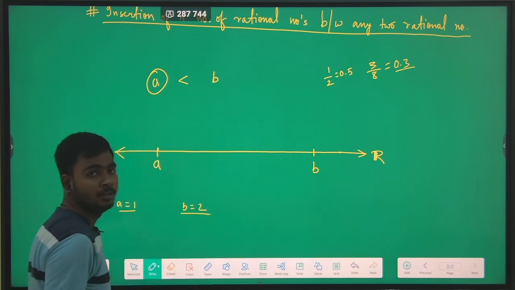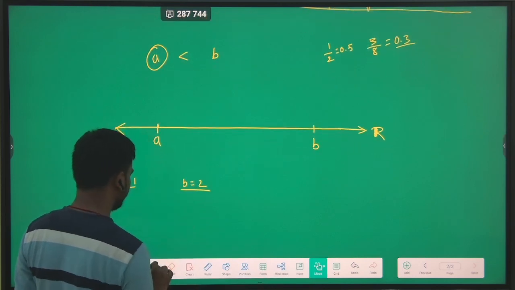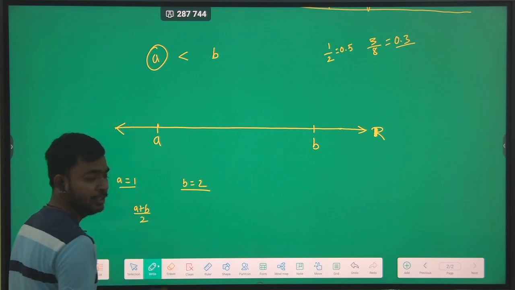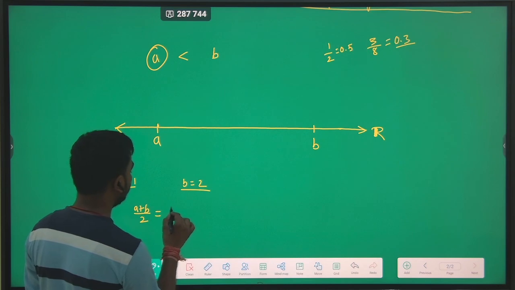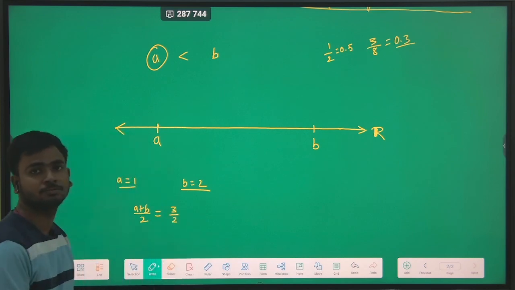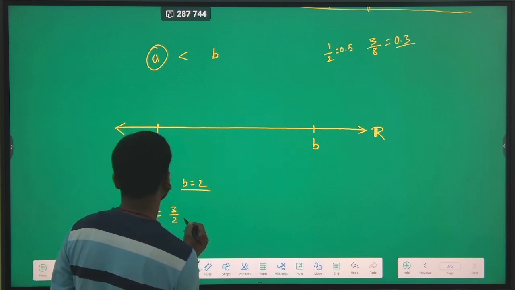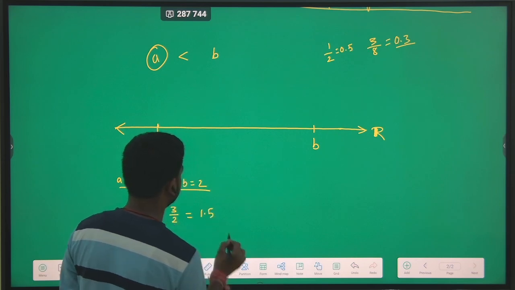So let us think what will be the value of A plus B upon 2. What will be the value of A plus B upon 2? So the value of A plus B upon 2 will be 3 upon 2. Is it correct? And 3 upon 2 is 1.5.